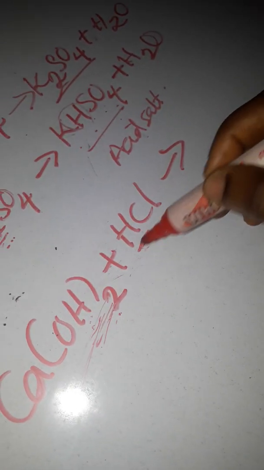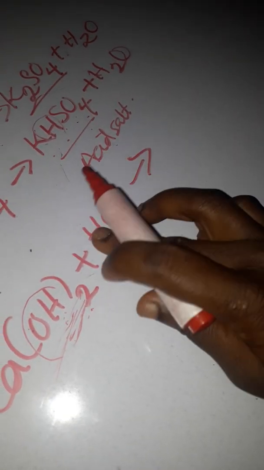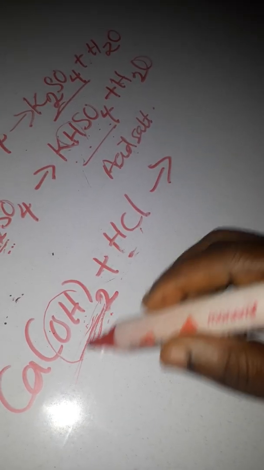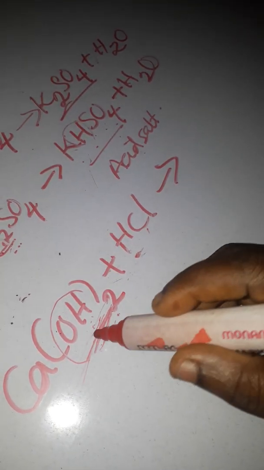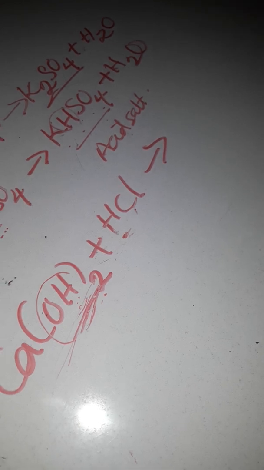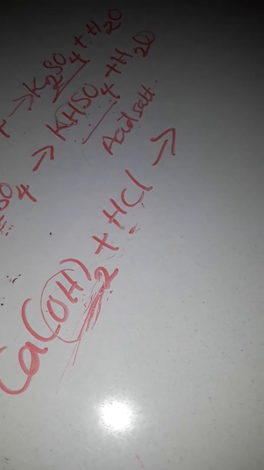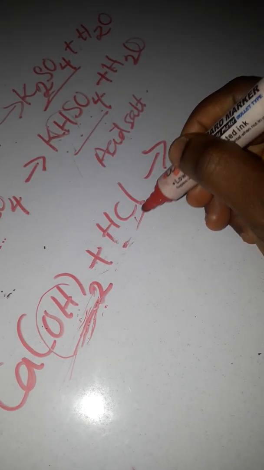Now this hydrogen here, and this chlorine, is supposed to take the place of hydroxyl, but only one of the hydroxyl will be replaced. So a basic salt is actually formed when all the hydroxyl ions in a base are partially replaced with a negative ion from an acid.